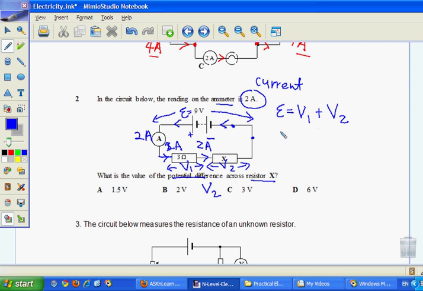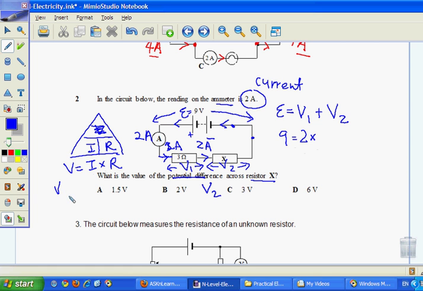So how can I find V2? The EMF is given as 9. Is there a way to find V1? As you can recall, there's a triangle relationship, which is V, I, R. So in this case, for V1, I can cover my V, and so my V is equal to I times R. My current I is 2.